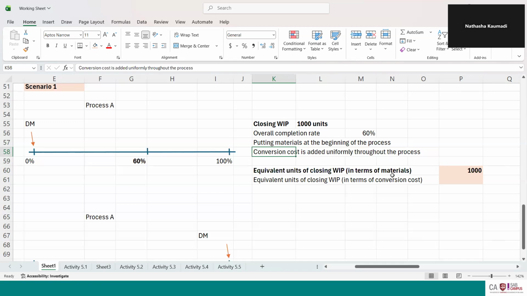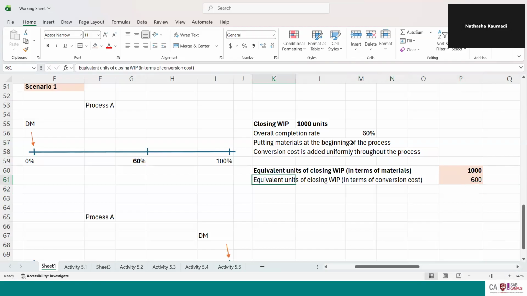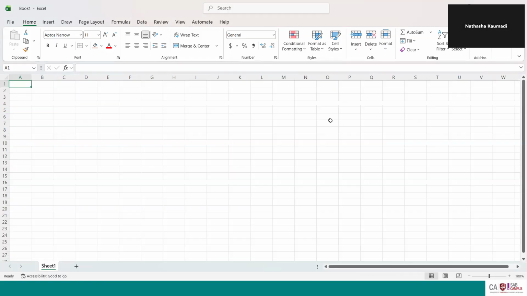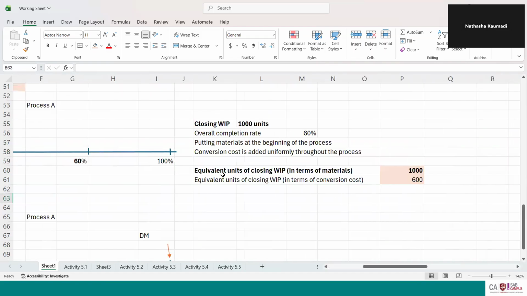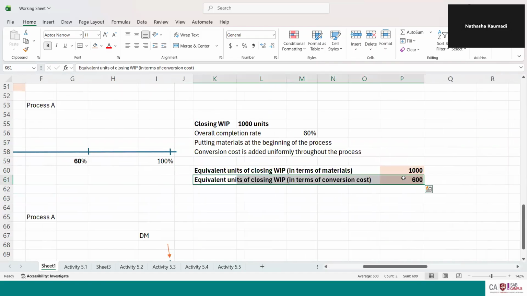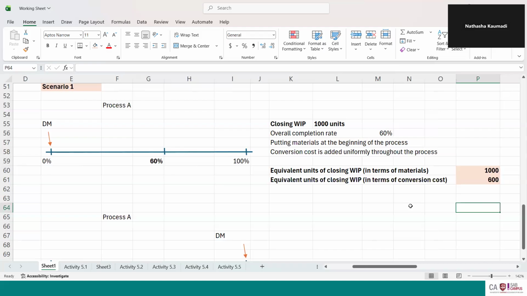Uniformly throughout the process means 60%. How do you take it? 60% multiplied by 1,000 units. So equivalent units of closing WIP in terms of conversion cost is 600 units. So I hope you are clear.